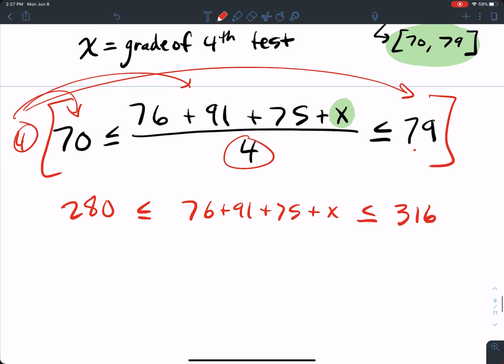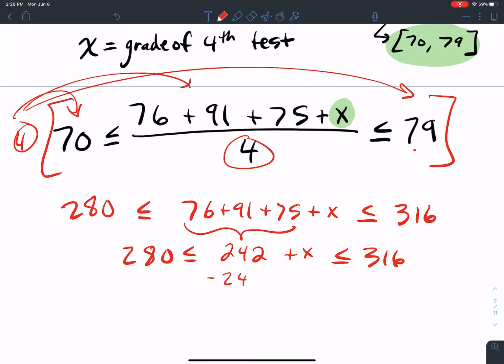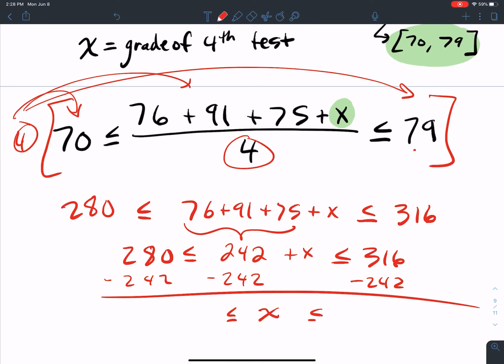Okay. So this adds up to 242 plus x less than or equal to 316, but greater than or equal to 280. So I subtract 242 from all sides. And so x is stuck between 38 and 74. Okay, so 38 and 74.